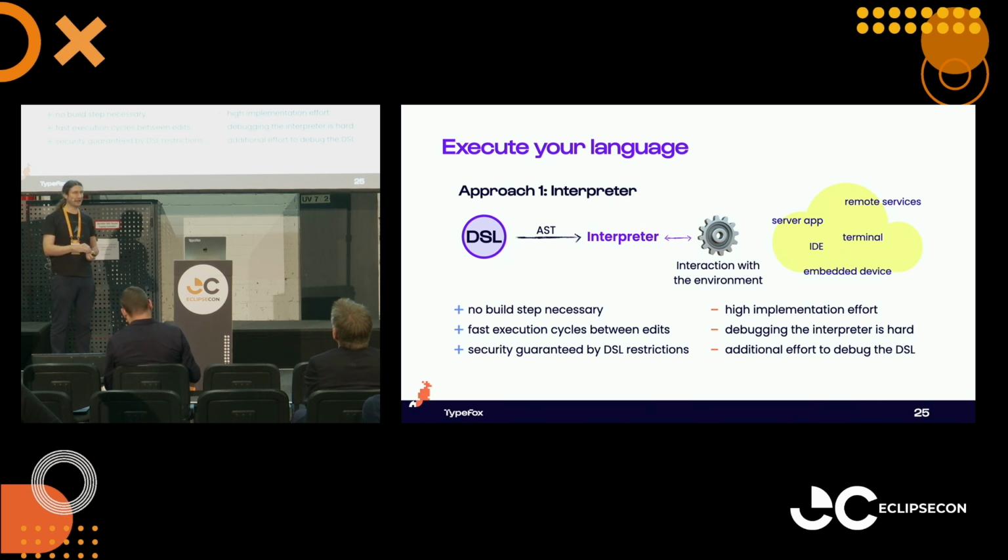And there's additional effort involved if you want your users to be able to debug the DSL. So if you want them to be able to set breakpoints and step through the DSL code. It's possible, but you have to write your own debugger and debug adapter for that to connect it to the IDE, which is, you can't use anything that is already ready for that, I think.